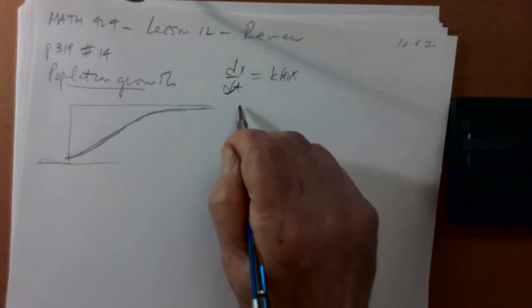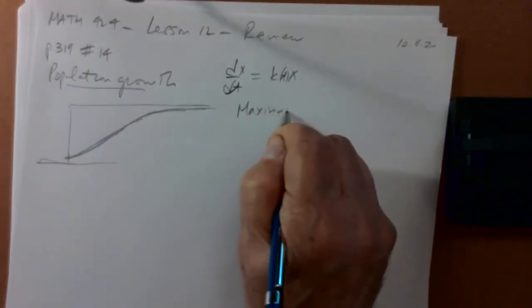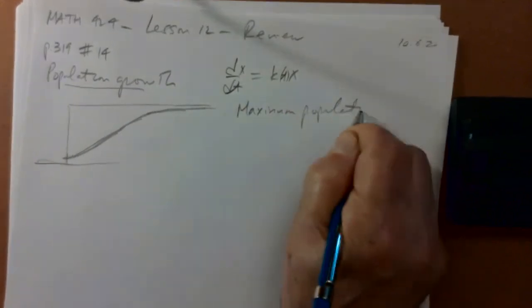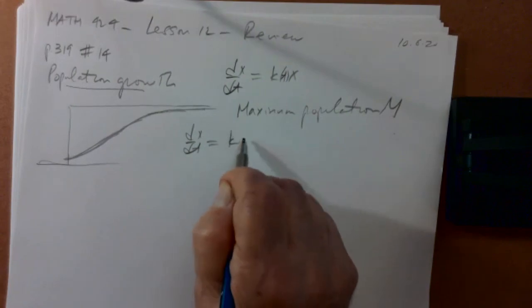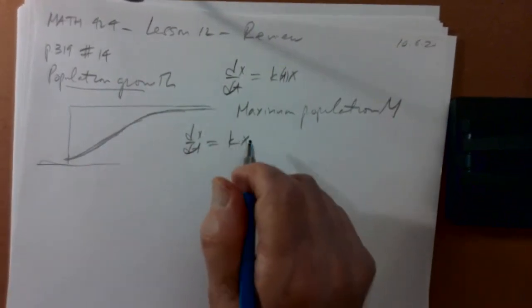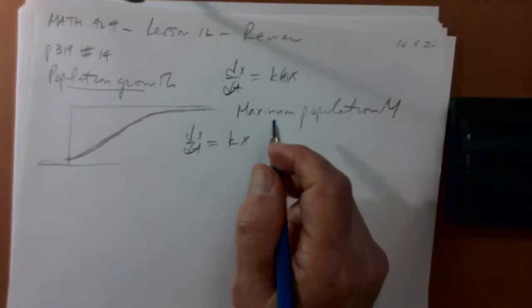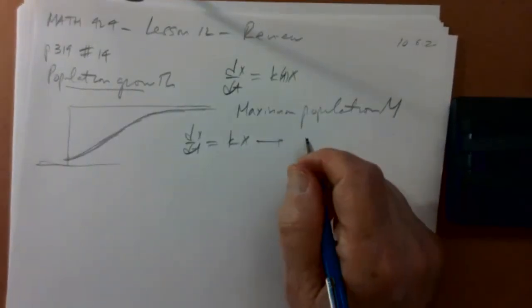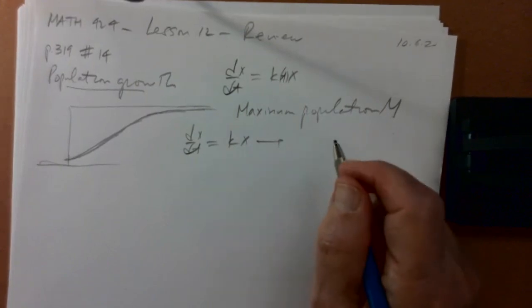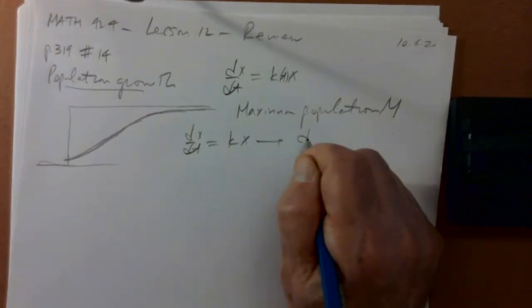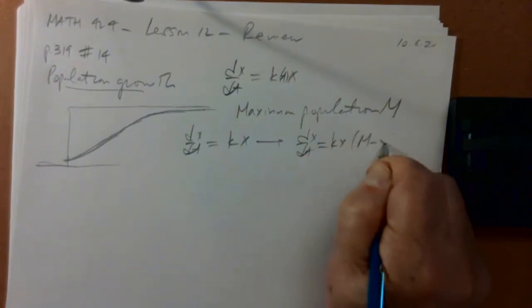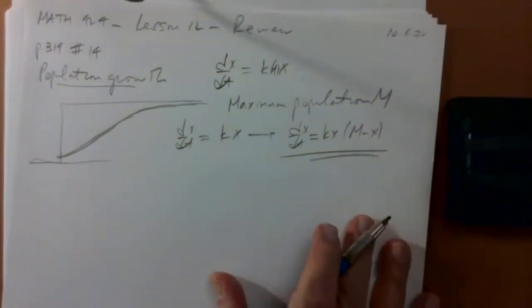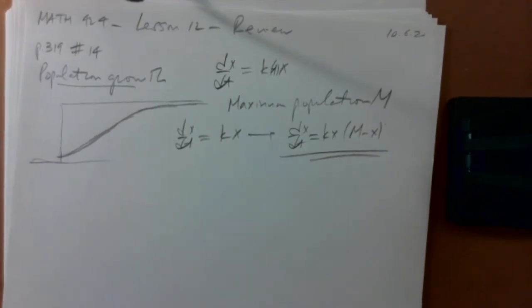So if you think of the idea where you have a maximum population of m, then dx/dt, in the beginning, it's proportional to x, but after a while, there's also a factor of m minus x. As you get closer and closer to the maximum, you end up with a model that looks like this.